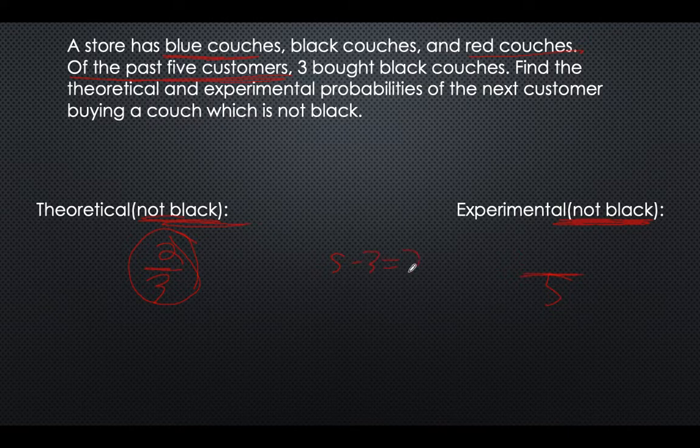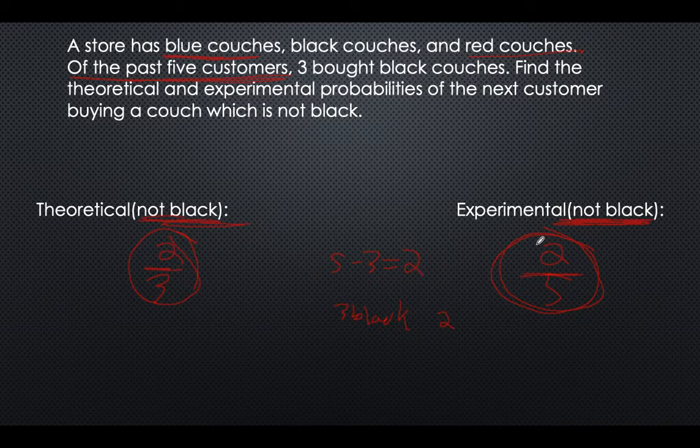Well, that should be 2, right? Because if 5 people bought a couch and 3 are black, that means those other 2 can't be black. They have to be something else. So the experimental probability of not black is going to be 2/5. That's the experimental probability the next person will not buy a black couch. They'll buy a different color couch.